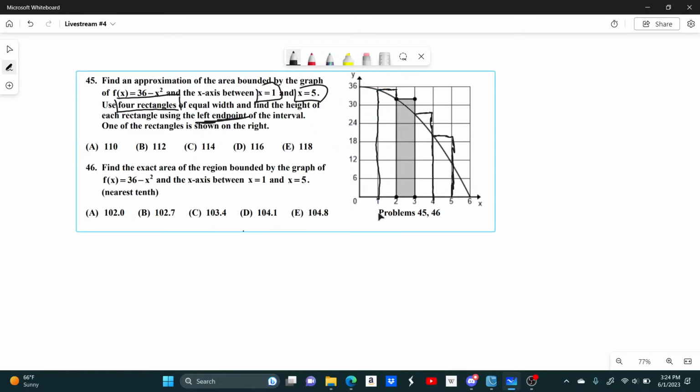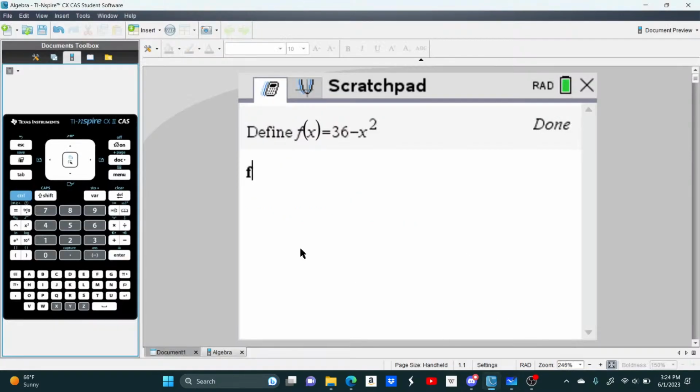For the area of this rectangle, the area would be 1 times f of 1. Then this rectangle will be 1 times f of 2, 1 times f of 3, 1 times f of 4. So I really just have to add all these together.